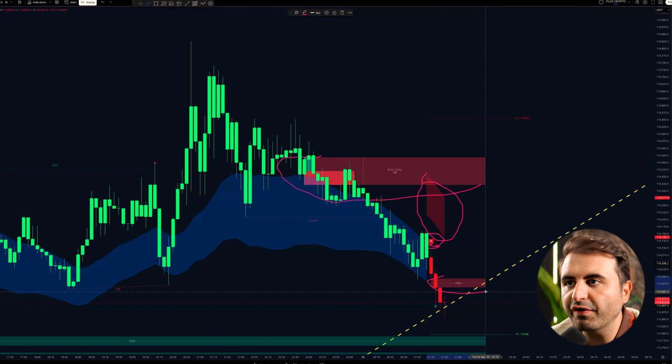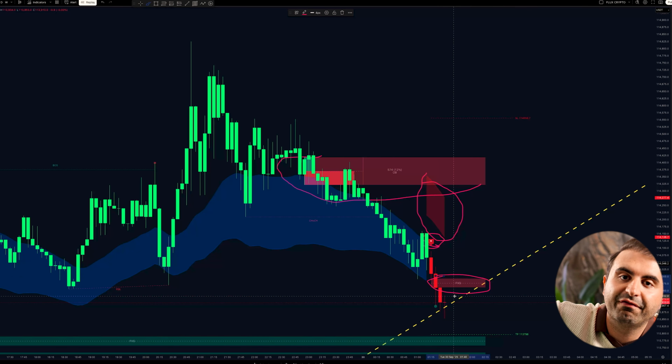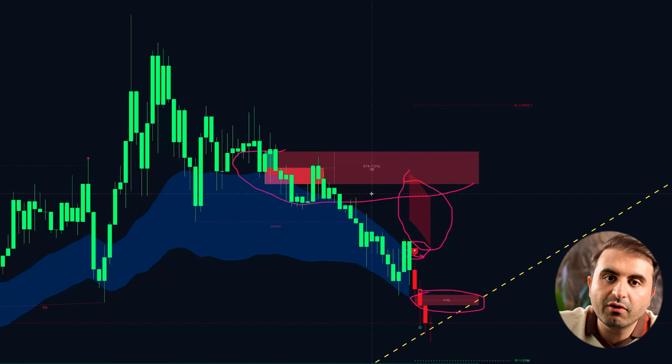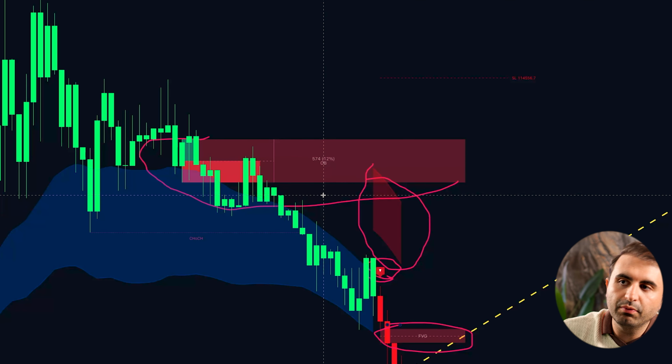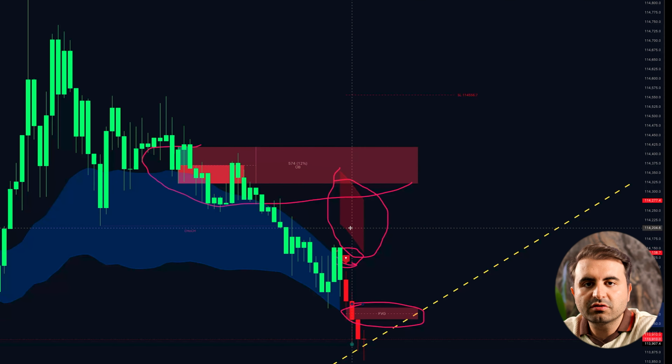We got the bearish fair value gap. These are the tools that we're going to use every time before we go into a position, because the signal itself isn't enough. You need to get at least one of these confirmations, whether it's a fair value gap like this, called FVG, an OB, order block, or the breaker block. So if you get one of those, you are good to go.